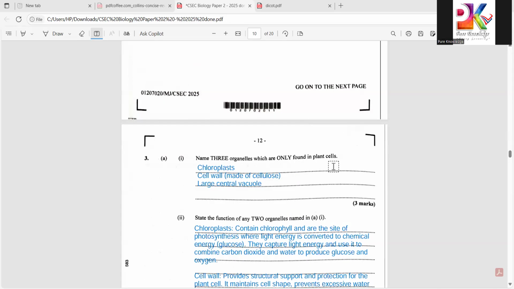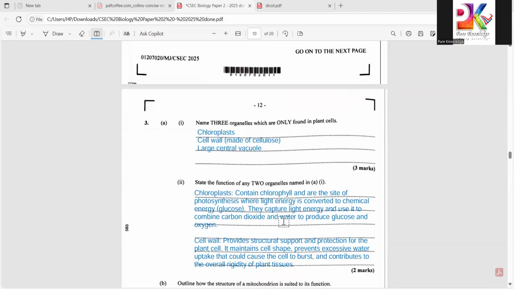All right. Next, we have, state the function of any two of the organelles. So chloroplast contains chlorophyll, and this is where photosynthesis occurs, light energy is converted into chemical energy, etc. We know the green part of the plant captures light. Next, the cell wall, we know that it provides the plant structure, support, and protects the plant cell, right?